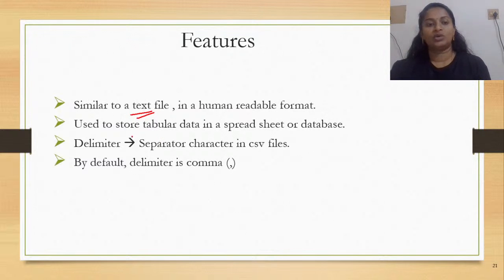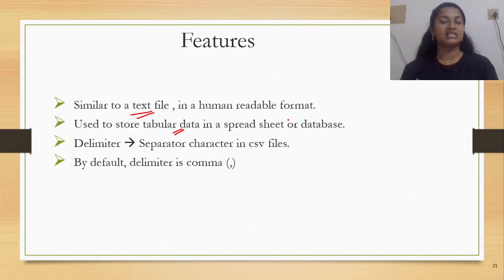So when you have the contents of a CSV file, it is very easy to get things changed or copied to an Excel file or to a database. This is the reason why the CSV file has gained its popularity.